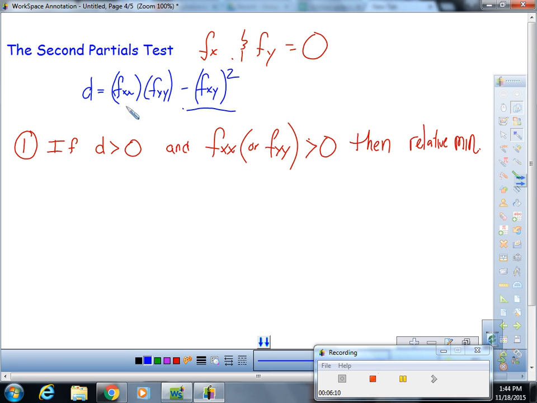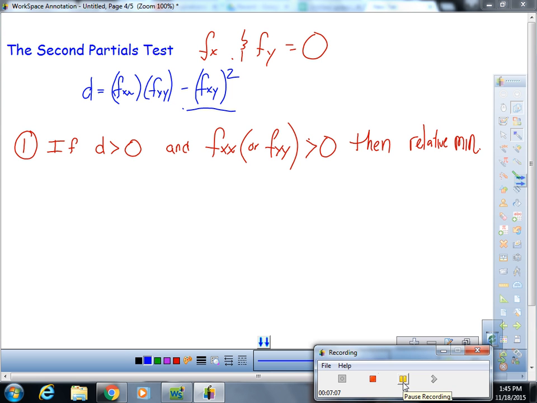Well, this has to be negative. If the D is positive, then that means this has to be more positive than this. The only way this thing can be positive is if both of these have the same sign. So that's why you don't have to check to see if fxx and if fyy is positive. You just have to check either one of them.